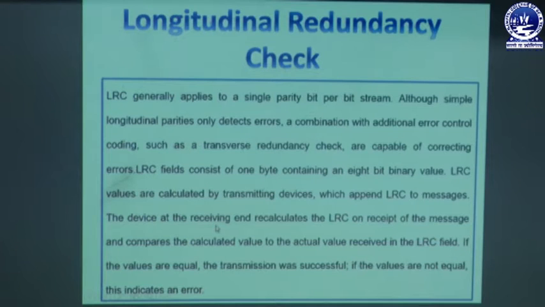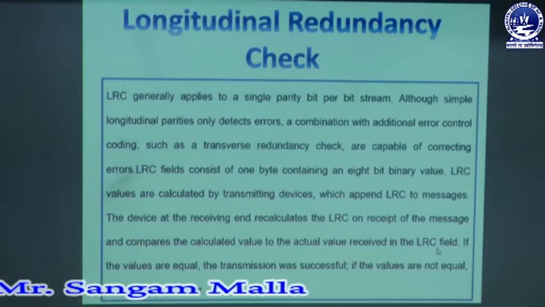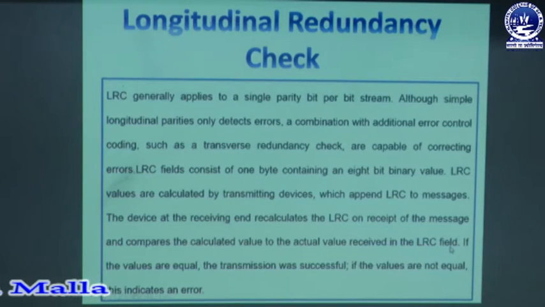So whenever the device at the receiving end receives the message, it recalculates the LRC, and compares it with the value that was added through the longitudinal redundancy check mechanism. It compares whether the original value has been received or not. It also checks whether the LRC field has any changes or not.